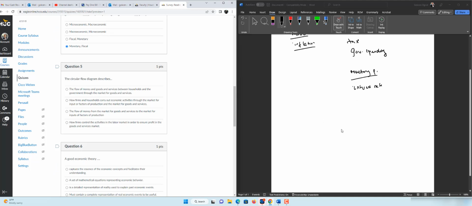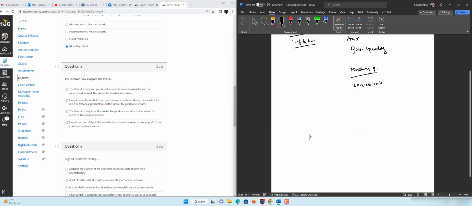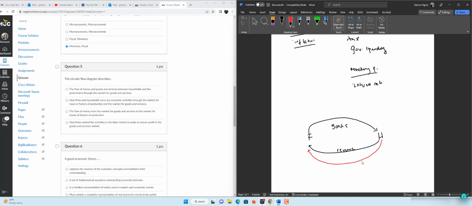Question number 5 is about the circular flow diagram. If you remember this diagram, we have the firms and the households, and firms are selling goods and services to households. In return, households pay money, which becomes revenue for the firms. In the outer circle, households are selling their labor to businesses, and in return, firms are paying wages.